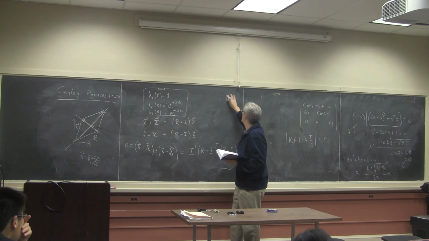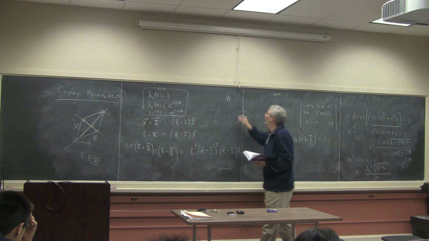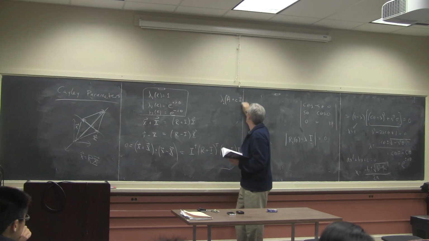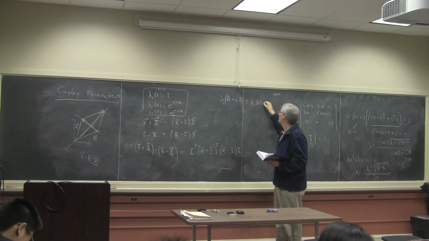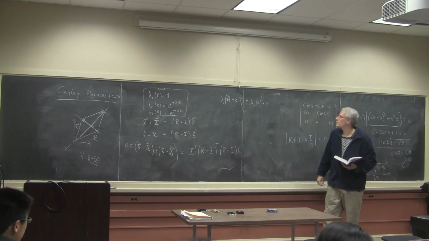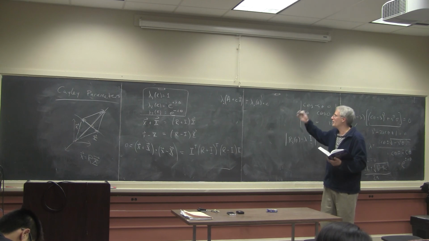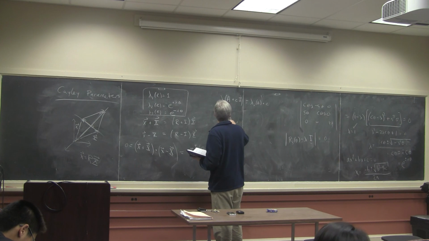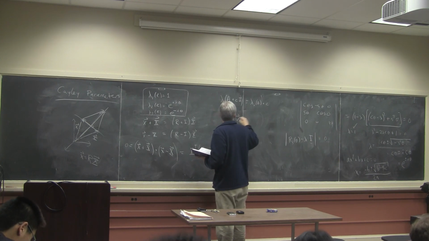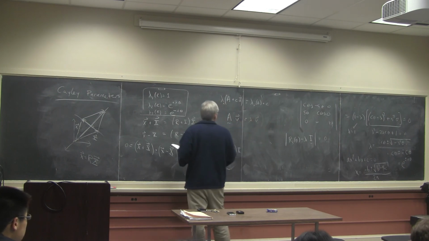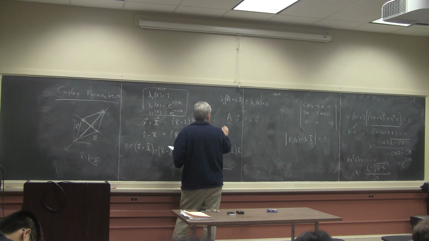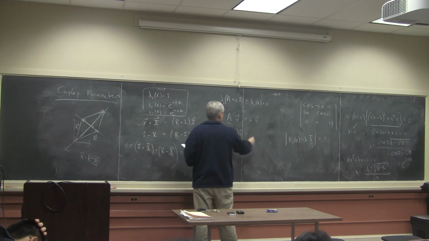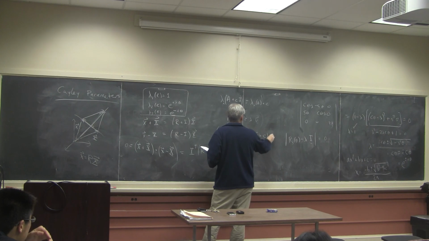If I know the eigenvalues of the matrix A, and then I add to that a constant times the identity matrix, then the eigenvalues of this are equal to the eigenvalues of A plus C. And you say, well, wait a minute, you didn't do any characteristic polynomial or anything, but you actually don't need to, because if you look at the definition of an eigenvector, A times V is equal to lambda V. So if I ask what is the eigenvalue corresponding to A plus C times the identity times V, that is equal to AV plus CV.